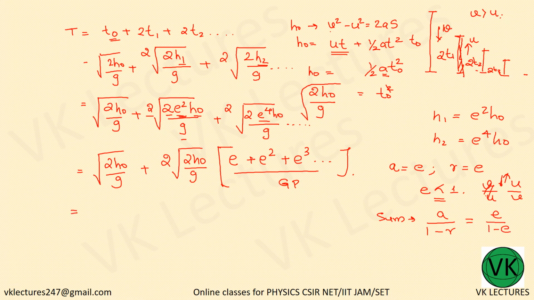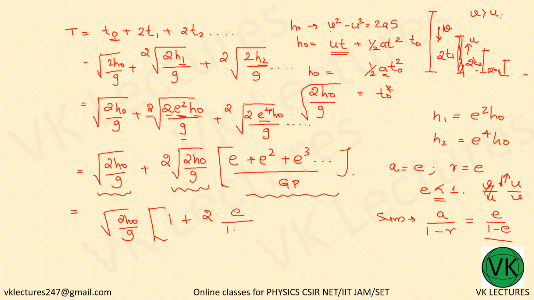Now what you can do is take the common thing out, under root 2 h naught by g into 1 plus 2 into the sum of the GP, e divided by 1 minus e.